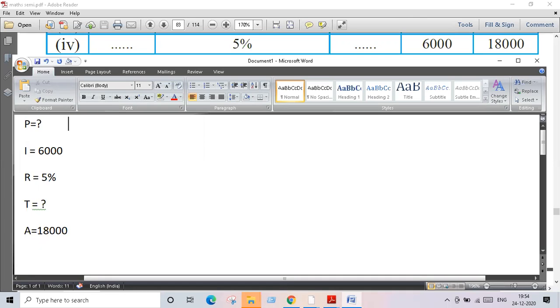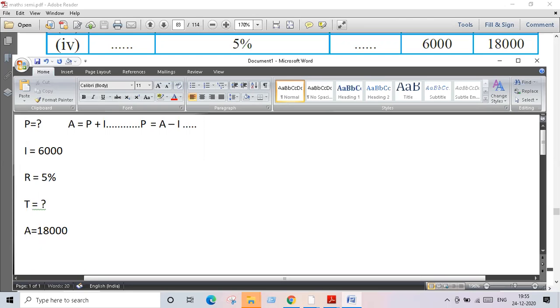So what is the formula of P, guys? A is equal to P plus I. Therefore, P is equal to A minus I. What is A?